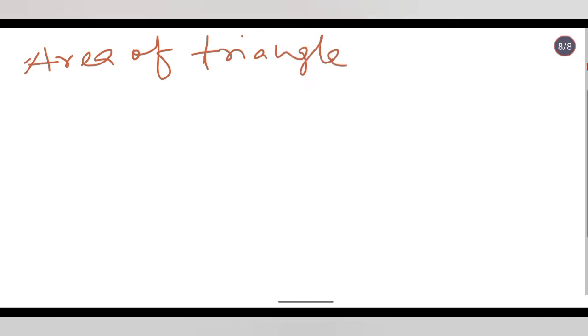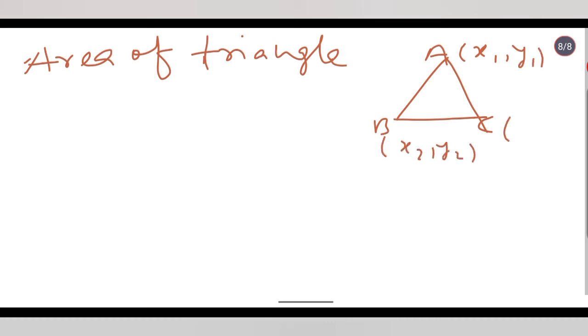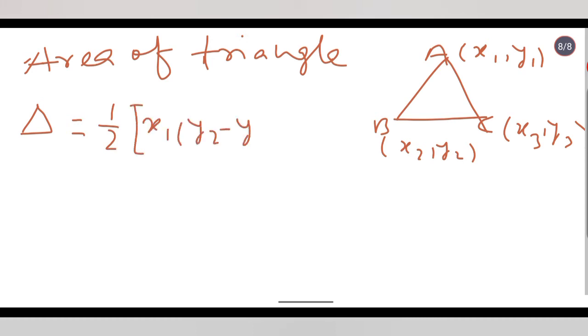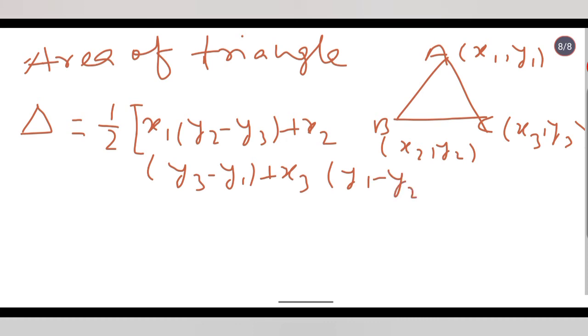Area of triangle. Let us consider A, B, C in the triangle having coordinates x1 y1, x2 y2 and x3 y3. Okay, so the area of the triangle equals 1 by 2 [x1 into (y2 minus y3) plus x2 into (y3 minus y1) plus x3 into (y1 minus y2)].